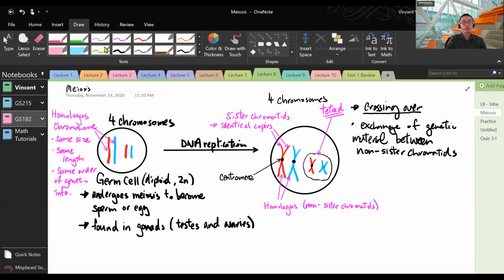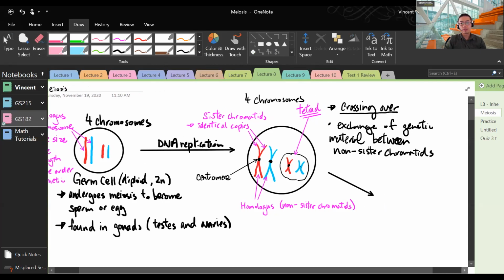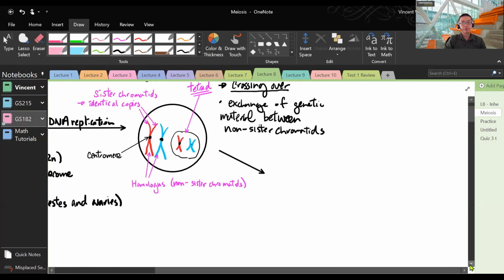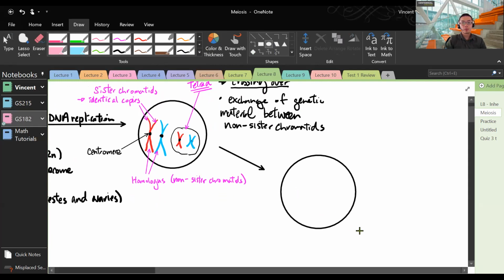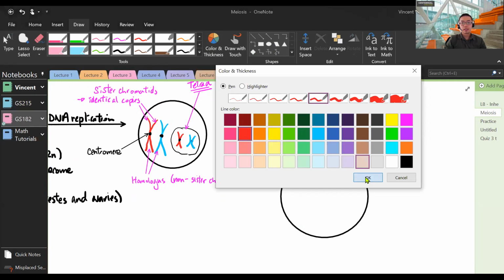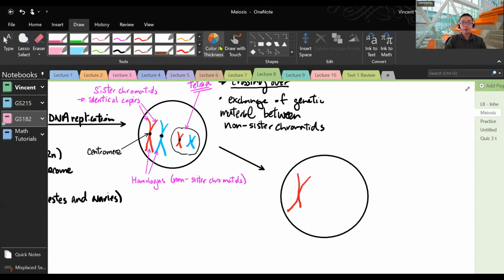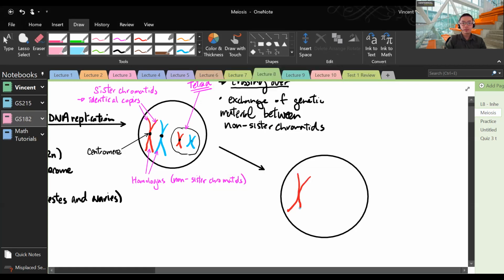Okay, and so afterwards, what you're going to end up having is this. Just try to find some space here. I hope you're drawing this with me. So you're going to have a little bit of blue here on the red one.